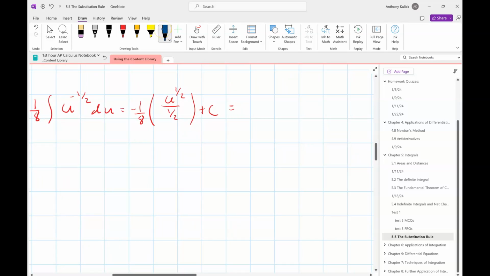Those can reduce. So I have negative, we'll have the square root of 1 minus 4x squared all over 4, plus c.